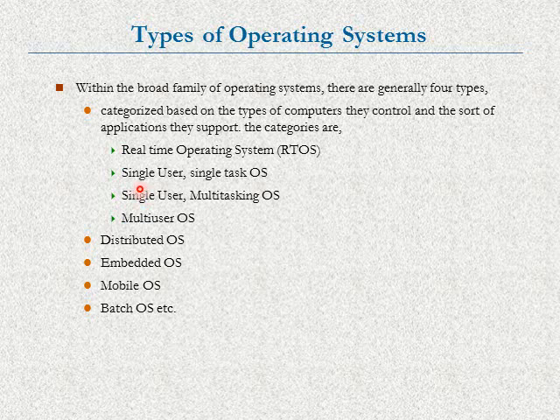The next type is single user, single task. They are the machines that were used when we had personal computers. When we had big machines that can work a lot for a single user, but still they cannot accommodate more than one user or more than one process.